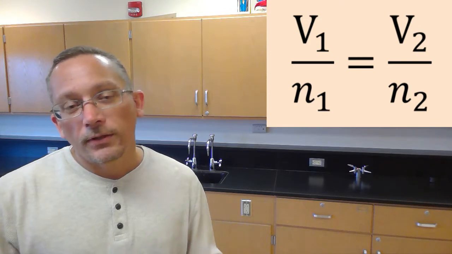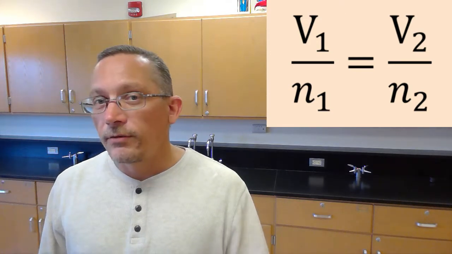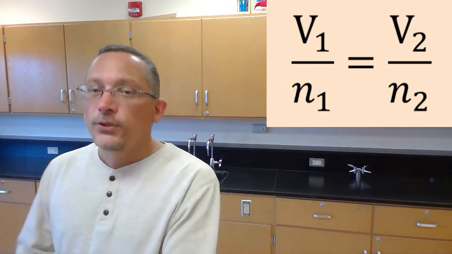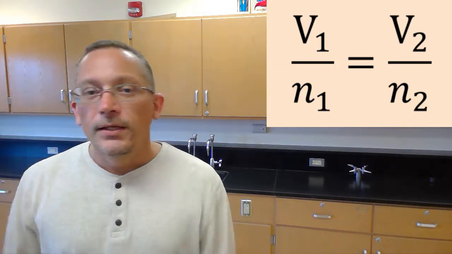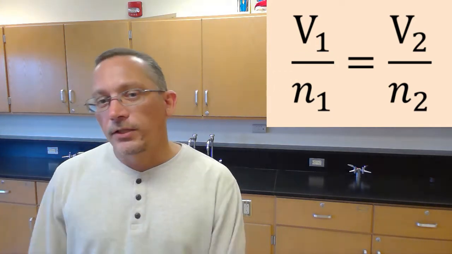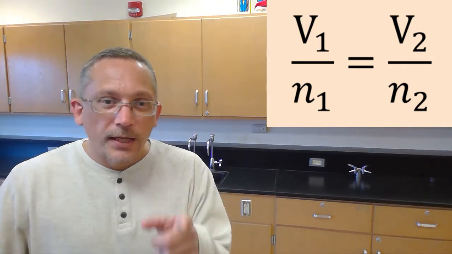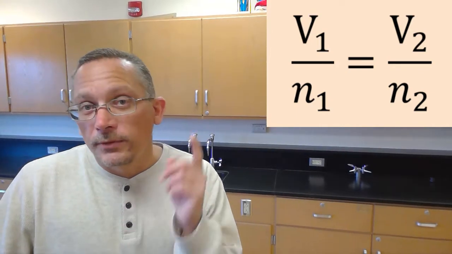Does it go up or does it go down? Well, if you let air out of a balloon, then the volume goes down, right? If you put more air into it, the volume goes up. So, they kind of go in the same direction together. So that is Avogadro's law. Let's go ahead and take a look at maybe some problems having to do with Avogadro's law.